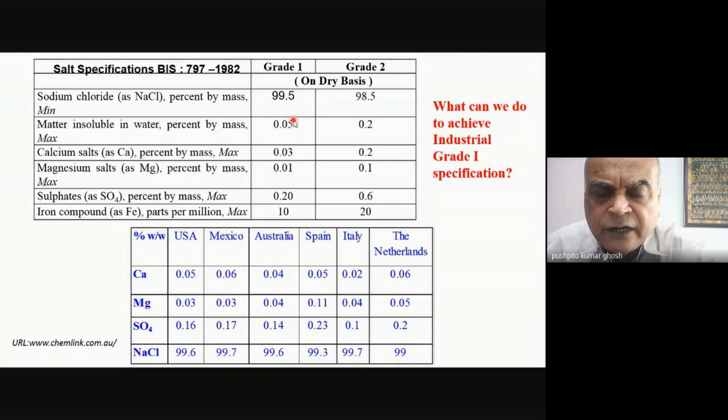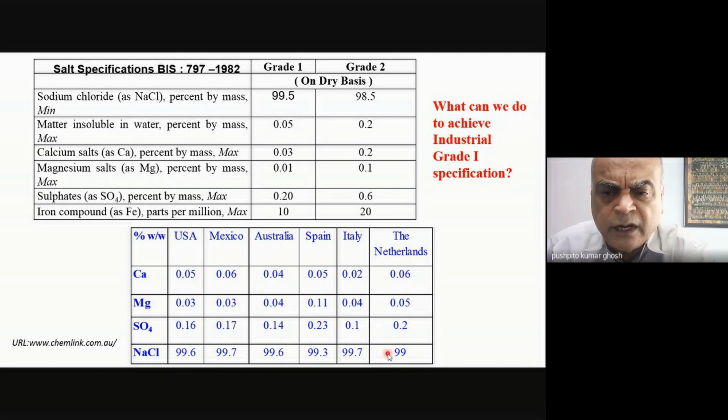But until recently, nobody was really making it, because with their conventional method of making salt in the field and then upgrading with a washery, this is the best that they could achieve. I've just given it for different countries, and you can see that their NaCl levels, 99.6, 99.7, are quite high.